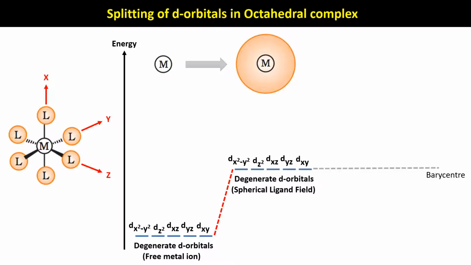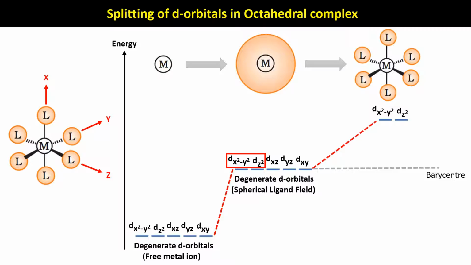In an octahedral ligand environment, ligands approach the metal along x, y, and z axis. We know that dx square minus y square and dz square orbitals are lying along the axis. So, due to higher repulsive interaction, their energy will be higher than the energy of d orbitals in spherical field. dxy, dyz, and dxz are lying between the axes.